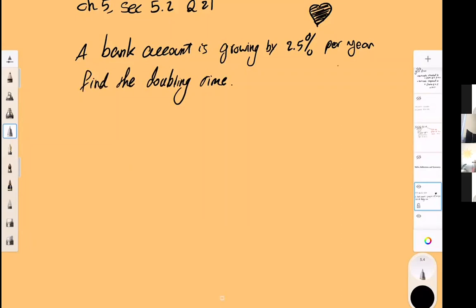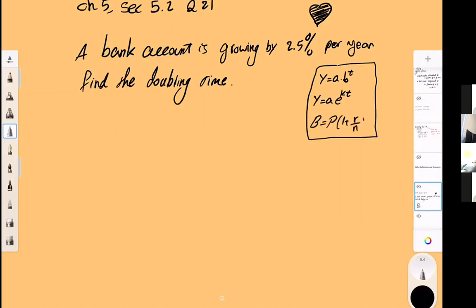In your note sheets, we have y equal to a times b to the power of t, y equal to a e to the kt, and B equal to P(1 plus r over n) to the power of nt. You should be able to find out which formula to use.